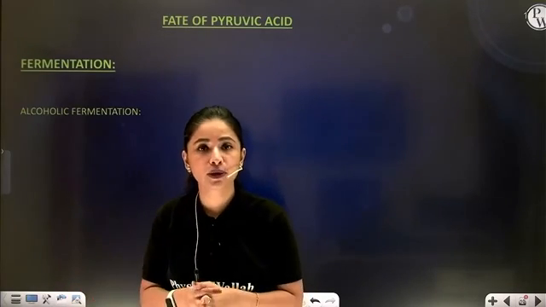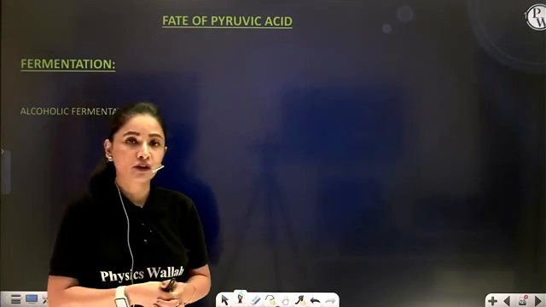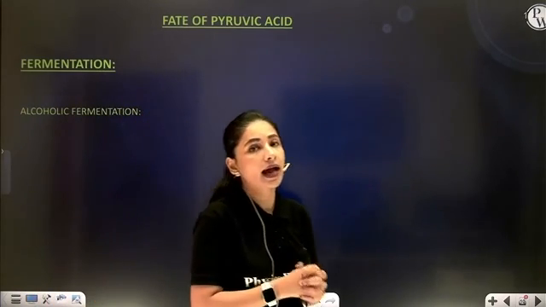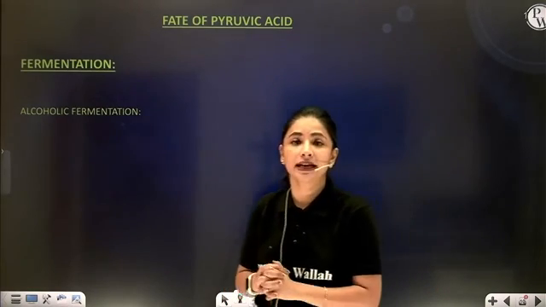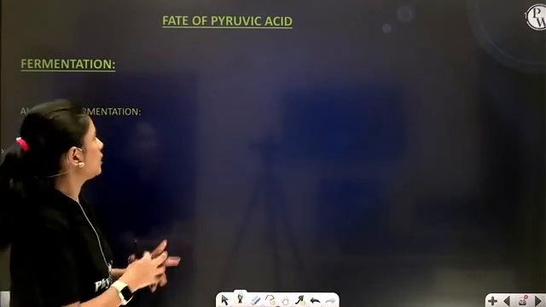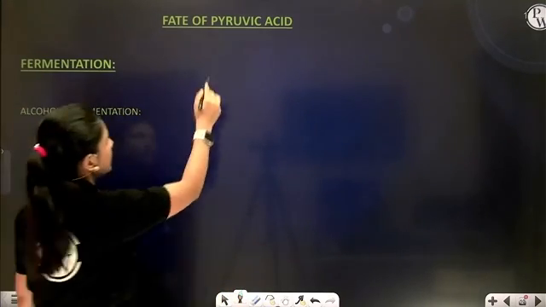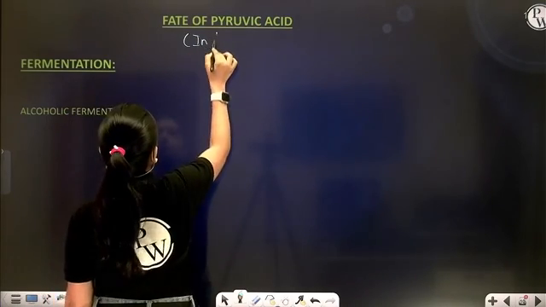That means first we are going to study anaerobic respiration, the fate of pyruvic acid if the conditions are anaerobic, and then I will teach you the fate of pyruvic acid if oxygen is provided in the cell. Right? So let's start with anaerobic respiration. First is the fate of pyruvic acid in the absence of oxygen.